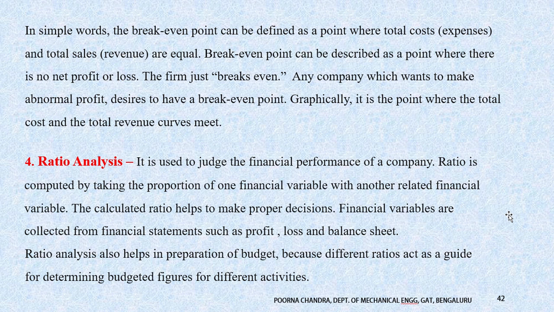Financial variables are collected from financial statements such as profit and loss statements and balance sheets. So ratio analysis also helps in preparation of budget because different ratios act as a guide for determining budget figures for different activities.